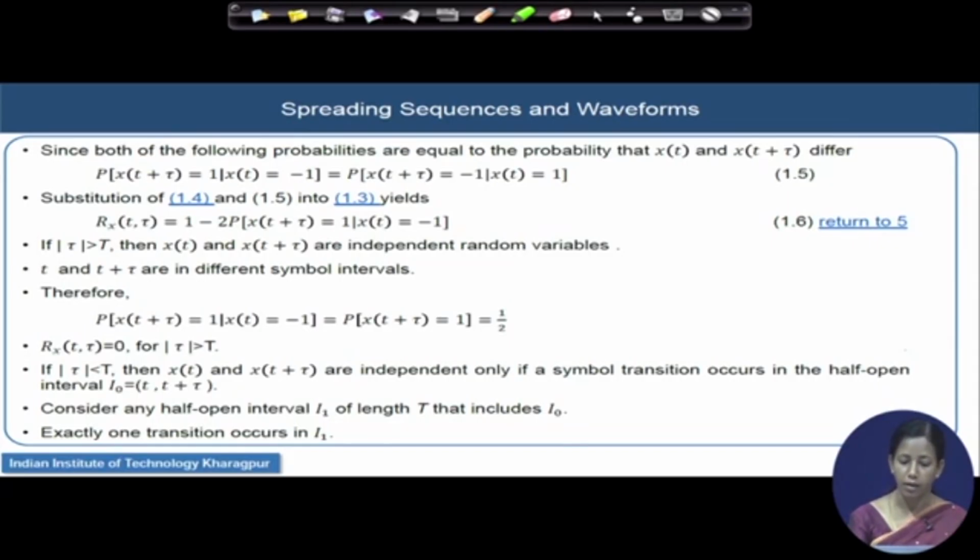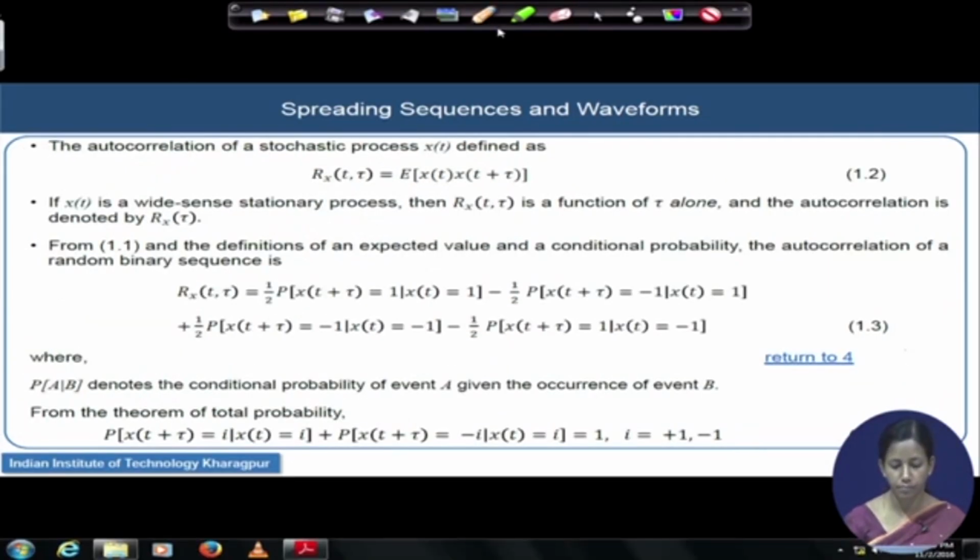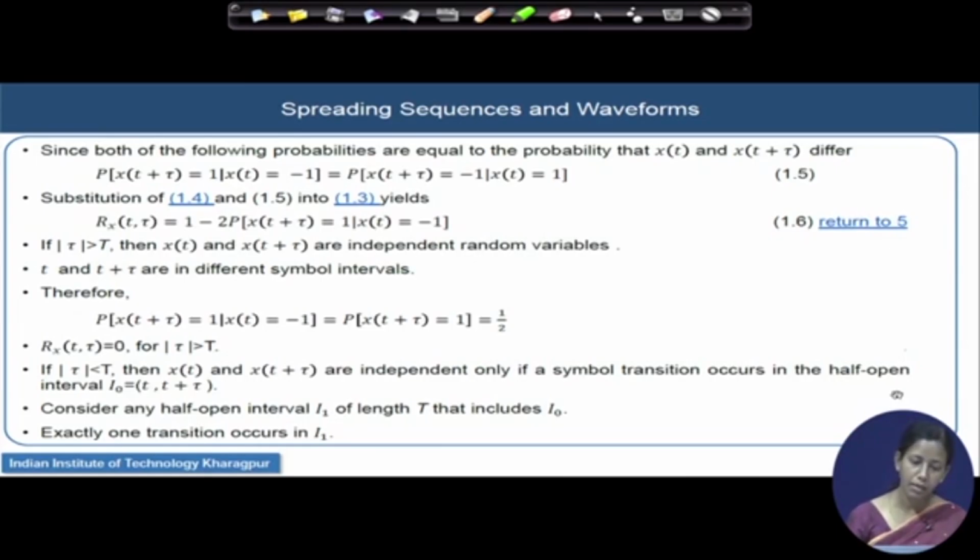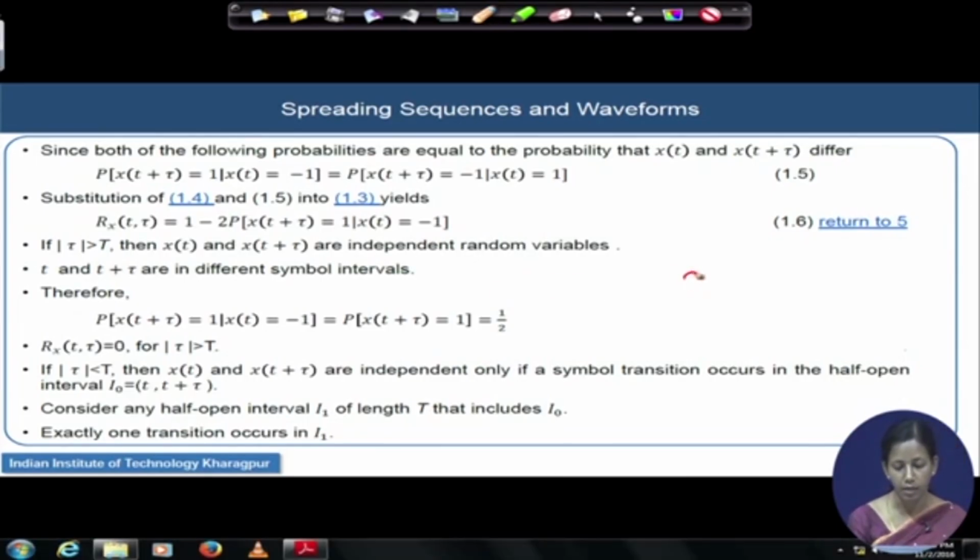Let us consider a situation where the delay τ, whether in the positive direction or the negative direction, forward or back delay, has a modulus of τ greater than the duration of the symbol, capital T. If it happens, then if this is my duration of the transmission of a symbol, and the delay is more than this period, basically you are receiving a completely new symbol, and there is no overlapping of the existing symbol with the next received symbol.